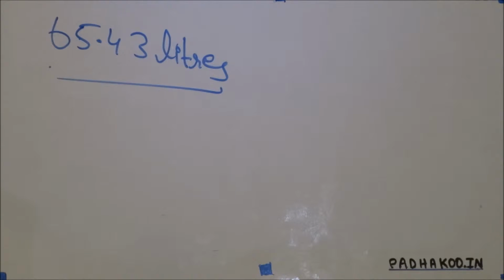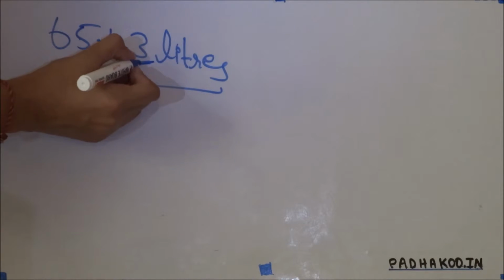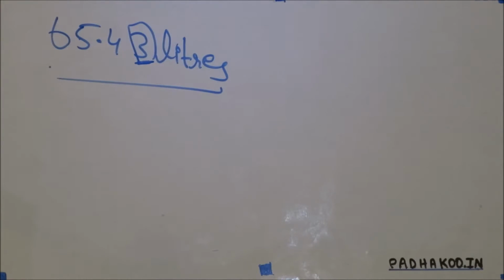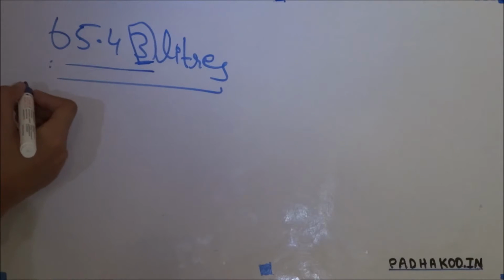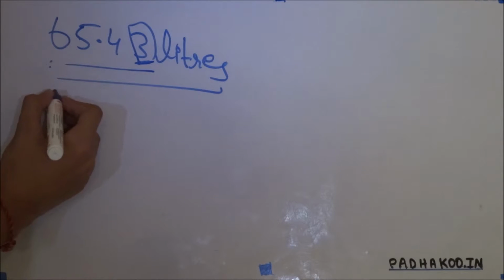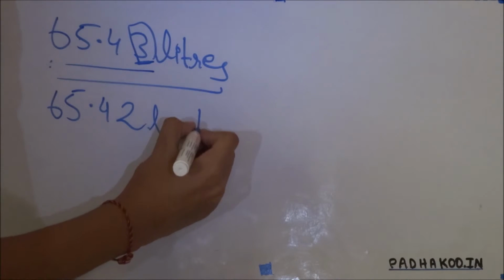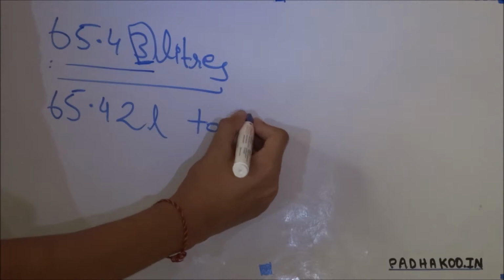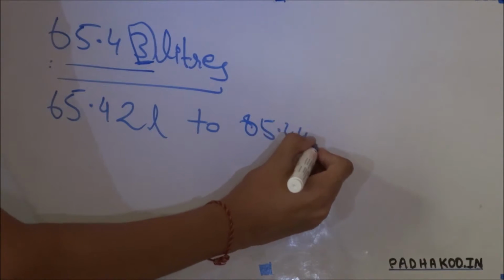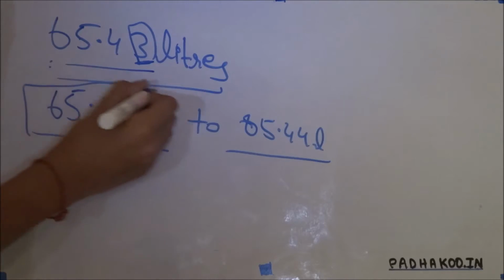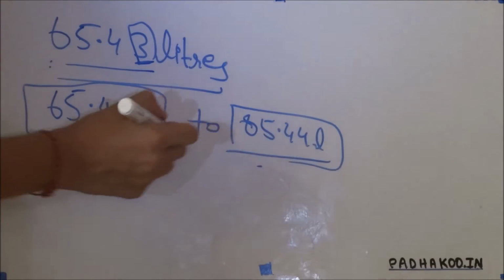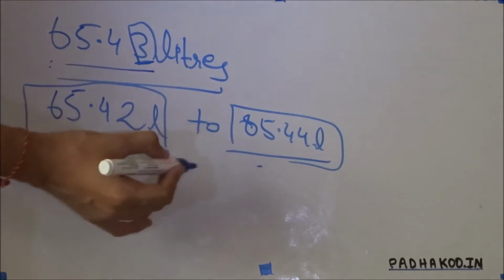So in this case, plus minus 1 will be done to the last digit, the 3, because this is the last digit we are able to see. So we will do plus minus 1 to the last digit, which means we are not sure, obviously. So the answer will be lying between 65.42 liters to 65.44 liters. The true value of the answer is lying between these two numbers.